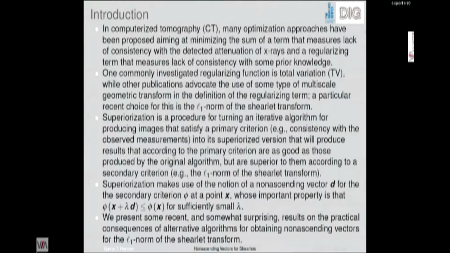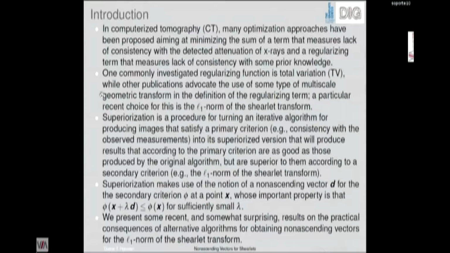Now, the other topic that comes to this talk is the idea of superiorization. Superiorization is a kind of alternative to optimization. Here is optimization and here is superiorization.